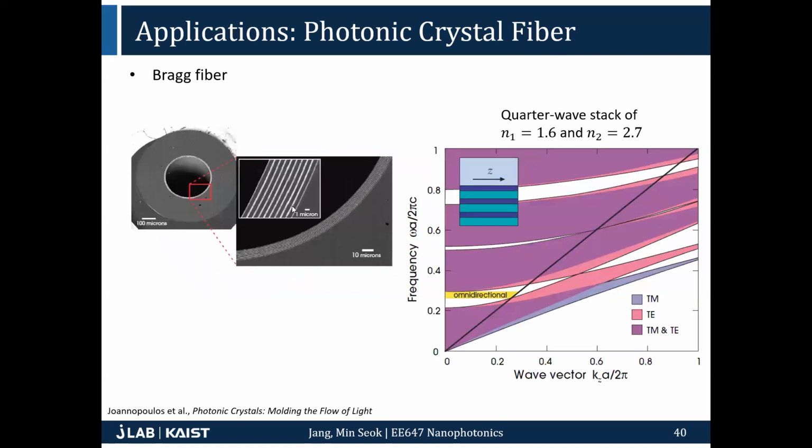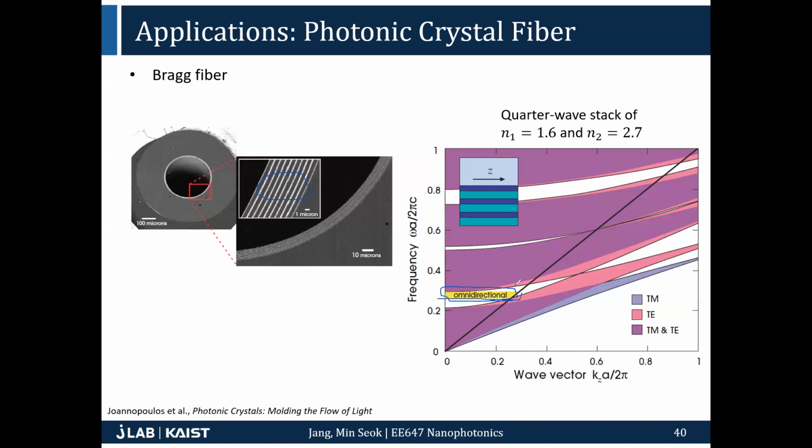So the first one. Now you can imagine how it is going to work, right? Because the guiding mechanism is basically the same. If you have a photonic crystal, then what you want is for this photonic crystal to have a band gap, right?